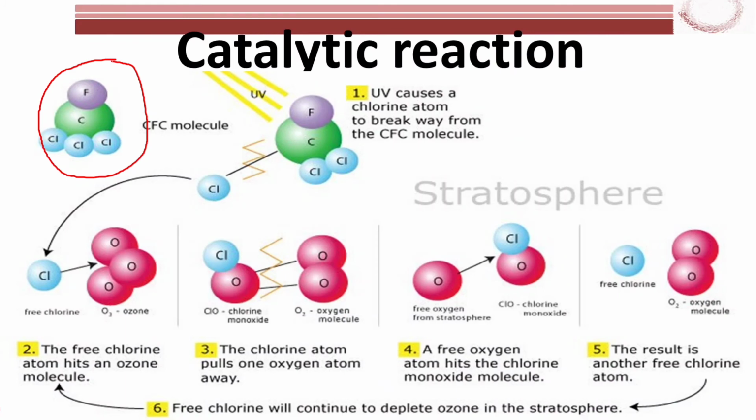But then again, a certain form of light or electromagnetic spectrum or radiation, may certain wavelength siya that can react with CFC para tanggalin ang isang chlorine, gaya ng nangyari dito.